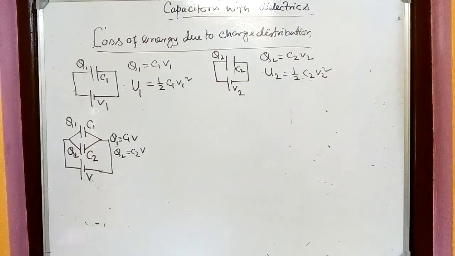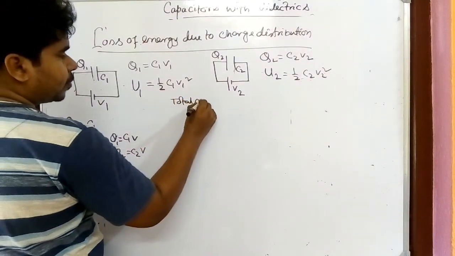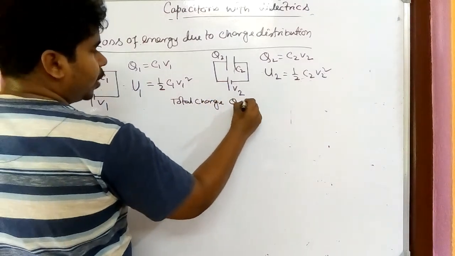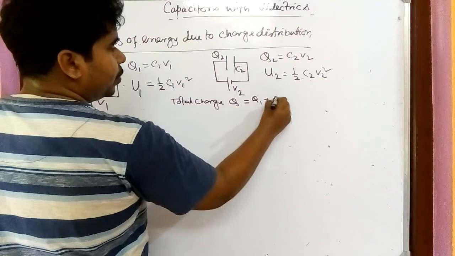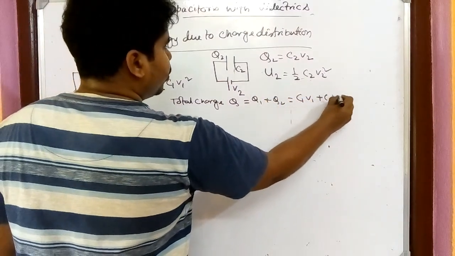Now from the previous portion, if I want the total charge, that is Q equals Q1 plus Q2, and here it is C1 V1 plus C2 V2.